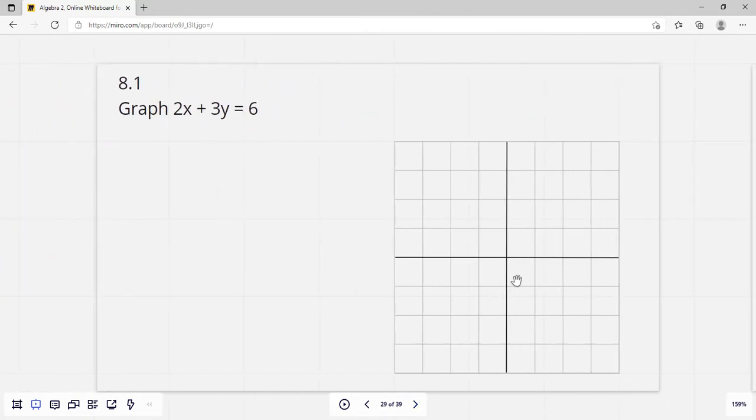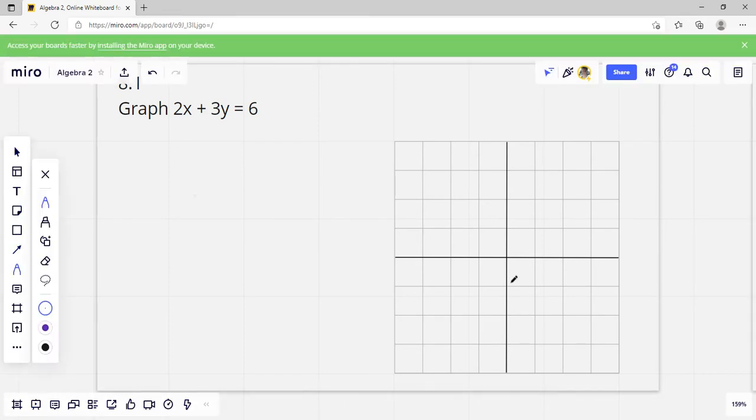Alright, so how do we graph it? Graph 2x plus 3y equals 6. So first thing we're going to do is make a little chart, an x and y chart. And we're going to come up with numbers and feed them into this equation and see what we get, right? So if we said that x was 1, what are we going to get if we put 1 into this equation?